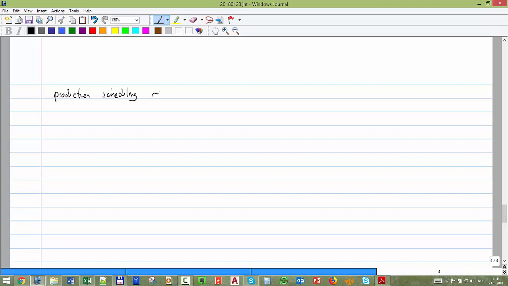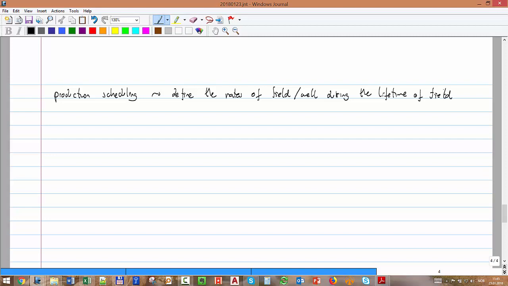That is to define the rates of the field and of each well during the lifetime of the field. Okay, that is defining, well, if it's very simple, mode A, I know is constant and I have to decide the plateau, and mode B is just decline.